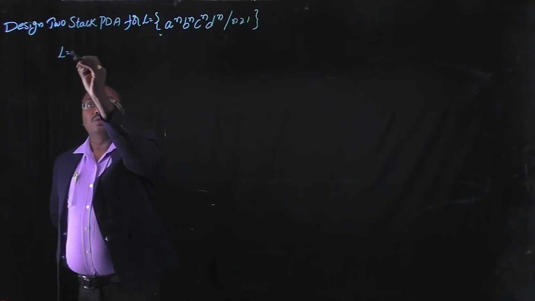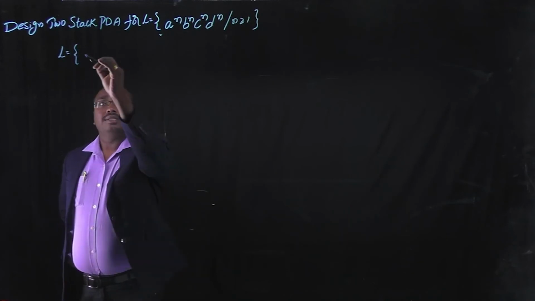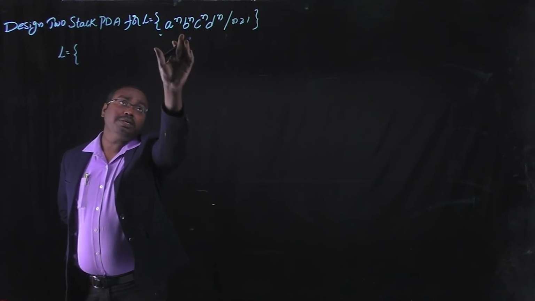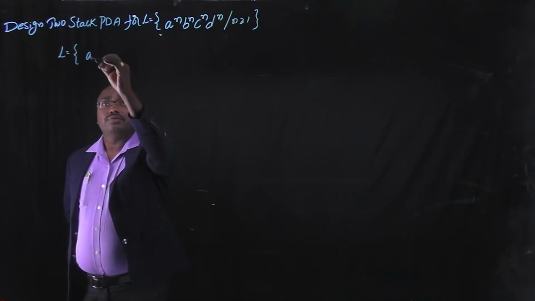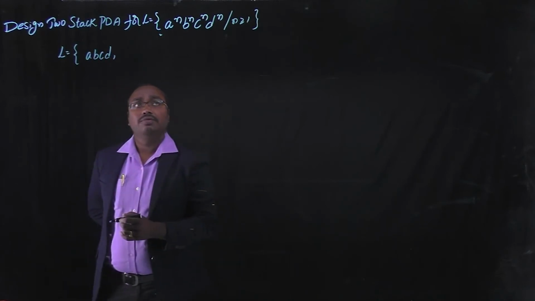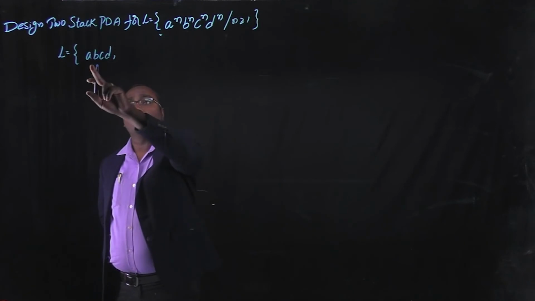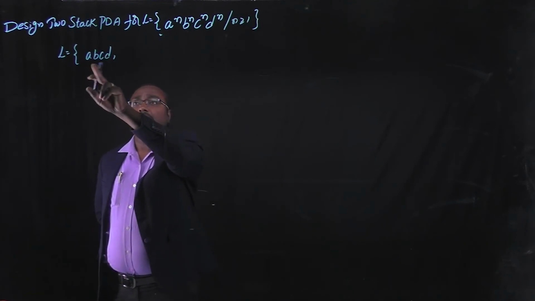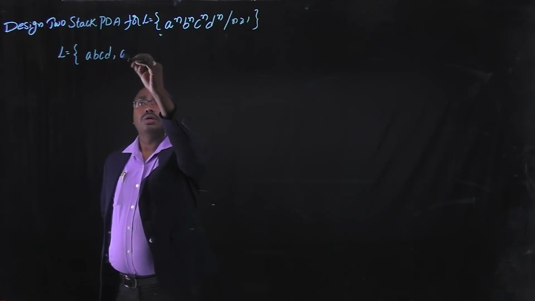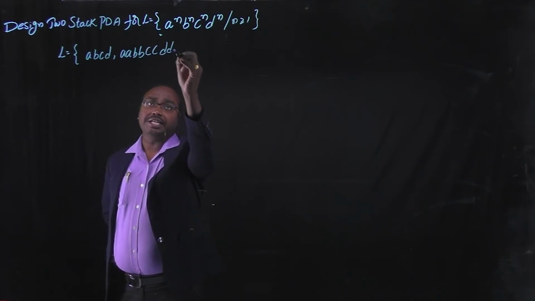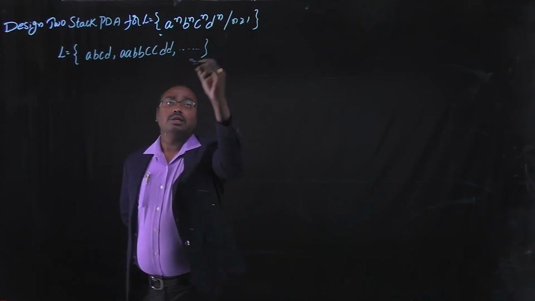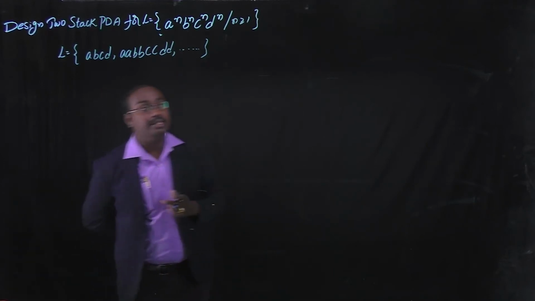The language is defined as A's followed by B's, C's and D's. If n equals 1, the string is A, B, C, D. If n equals 2, A, A, B, B, C, C, D, D. If n equals 3, 3 A's, 3 B's, 3 C's and 3 D's.